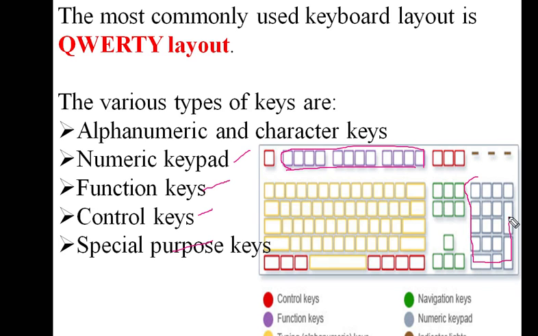And these we can call control keys, or navigational keys, this red color. And then special purpose keys. Let's see what kind of special purpose keys we are using. Generally, this is the keyboard layout.